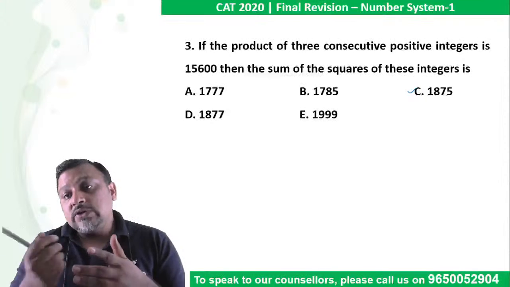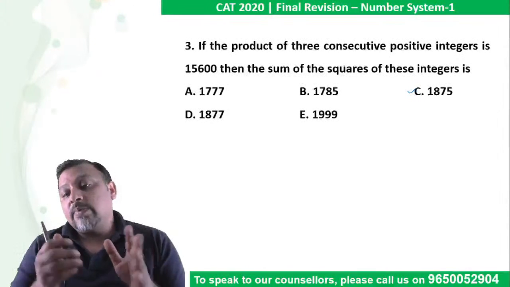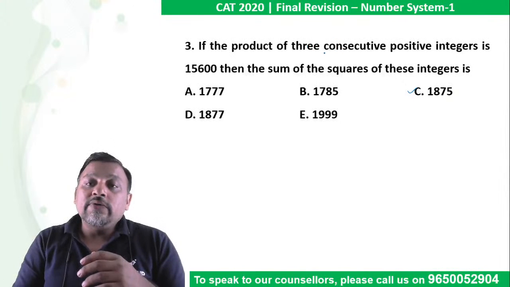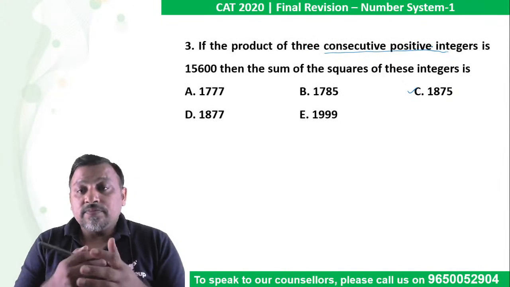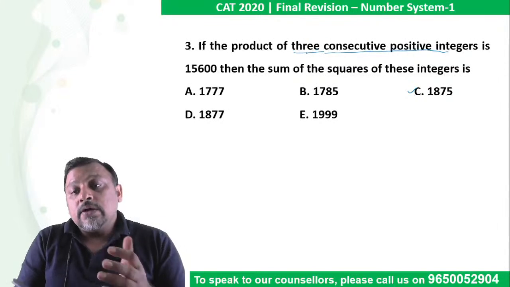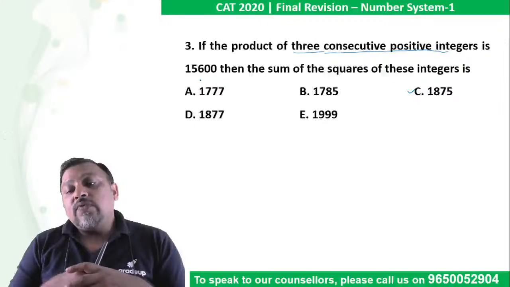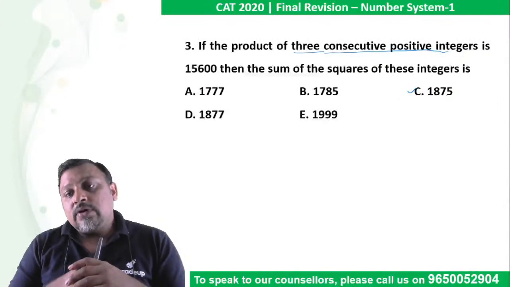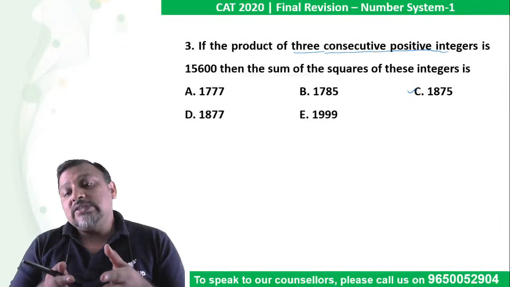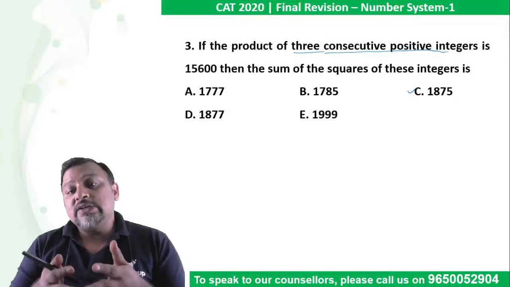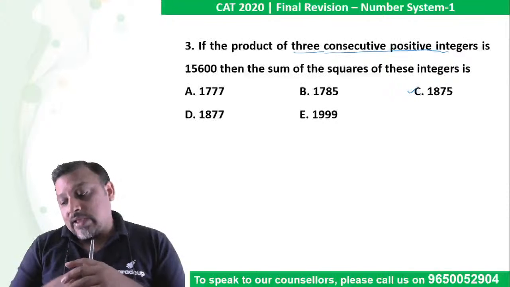So the sum of the squares need not be a multiple of 5. It is given there are 3 consecutive integers. Since the product is a multiple of 5, definitely one of the numbers must be a multiple of 5. And if one of the numbers is a multiple of 5, then the sum of the squares of the 3 numbers need not be a multiple of 5.